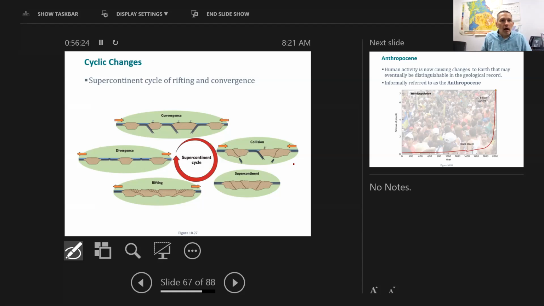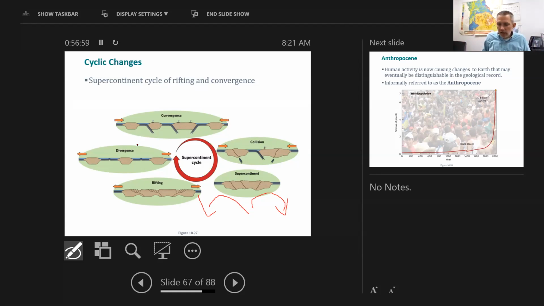These continental cycles go from large continents to supercontinents, where these continents are going to collide again. Heat is going to build up, and so what's going to happen in this area, we're going to end up with some convection, ripping these continents apart again, and then we'd end up back where these continents would be moving in different directions.